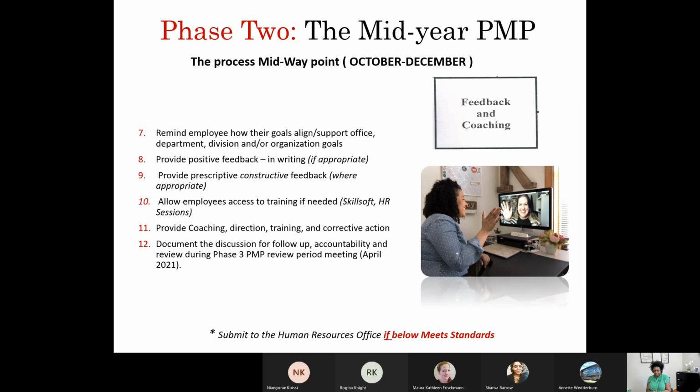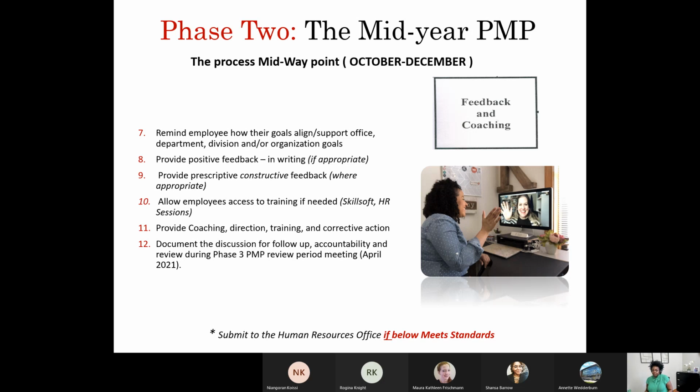Have that big conversation with them and provide the feedback in writing, and provide, like I said before, prescriptive, constructive feedback. And then of course allow them training, give them coaching, direction, training, any corrective or motivational action, depending on where they lie on the spectrum.